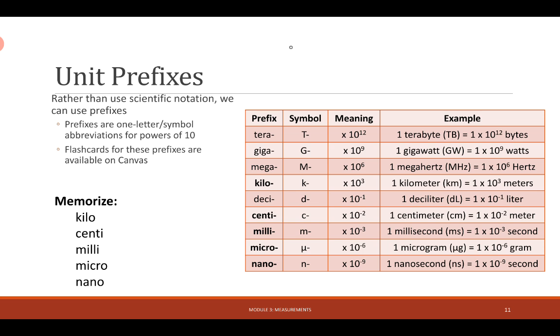And so if you're shopping for a new phone or a new camera, you might be familiar with megapixel as a unit, or a gigabyte as a unit, or a terabyte as a unit. And so these are the SI unit prefixes that tell you what those prefixes mean.